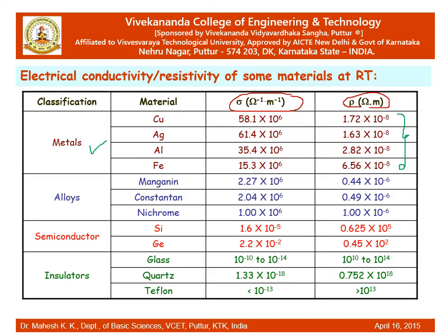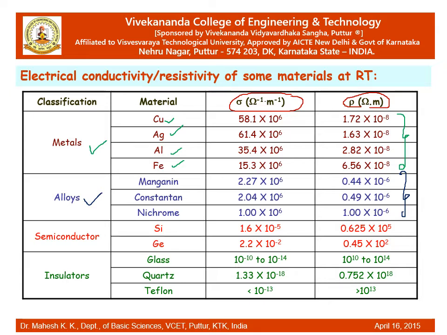You could see here copper, silver, aluminum or iron, those are the good conductors. If the resistivity is around 10 to the power minus 6 ohm meter, then for a few of the alloys we could classify them again as good conductors. So 10 to the power minus 6 or minus 8, they are good conductors.